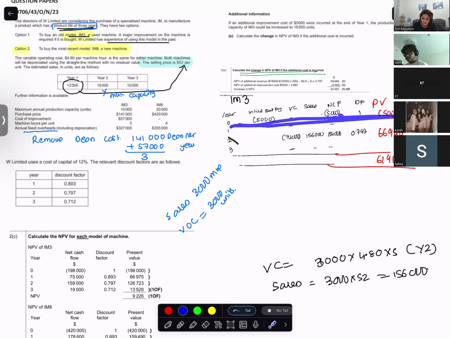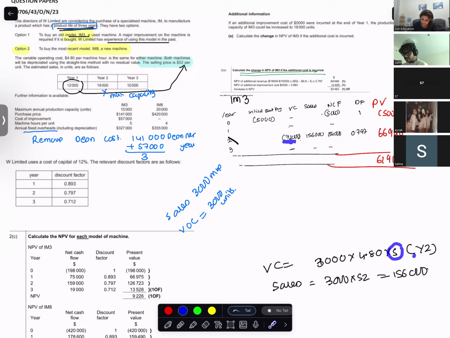In year 1, will there be any changes in the sales or the cost? No. In year 2, we will have a change. We would have extra variable cost for 3,000 units into 4.80 per hour into 5 per unit. So for year 2, my extra variable cost would be 72,000.